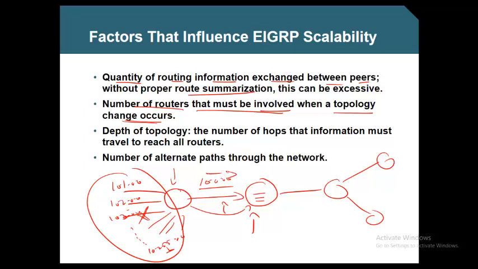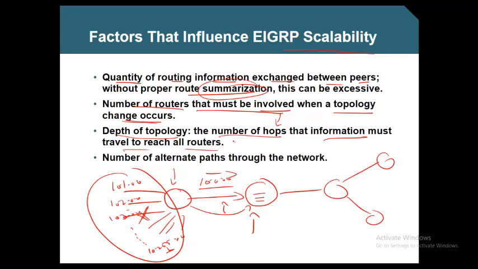Next is, when we don't do summarization, it is going to impact the scalability. Likewise, depth of topology: how many routers, hops, the information must travel to reach all routers.